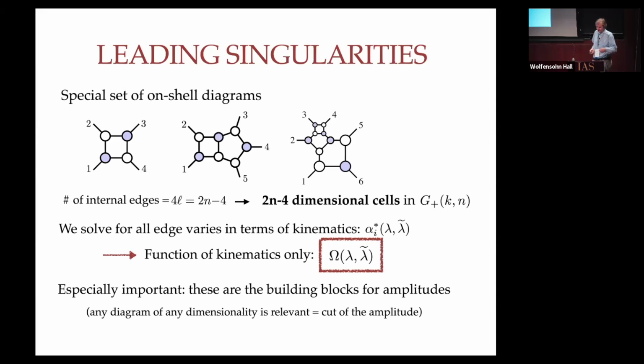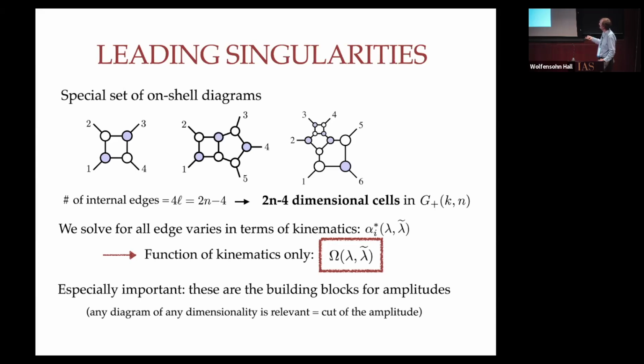For reasons from physics, they correspond to maximal codimension singularities we can do on the loop integrals. And they are 2n minus 4 dimensional cells. We solve for all these h variables, and we are getting just a function of lambda and lambda tilde.